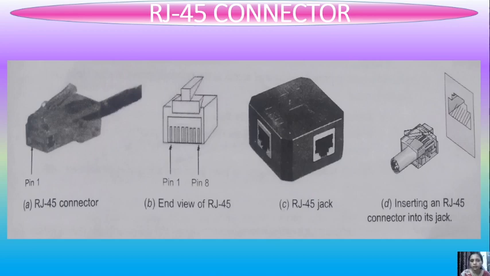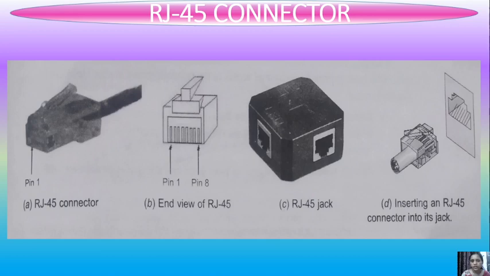There are four parts here. First, A is showing the RJ45 connector. B is showing the end view of the RJ45, with pin 1 and pin 8. Actually this RJ45 is an 8 wire or 8 pin connector. That's why it shows pin 1 to pin 8 here.